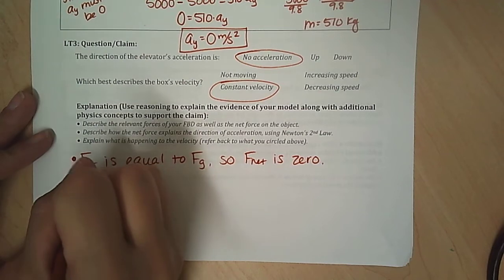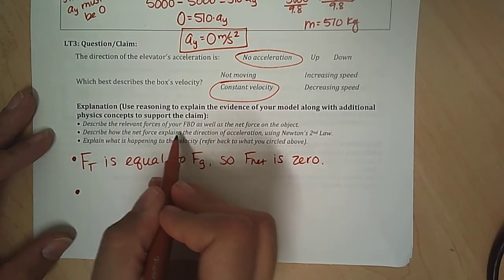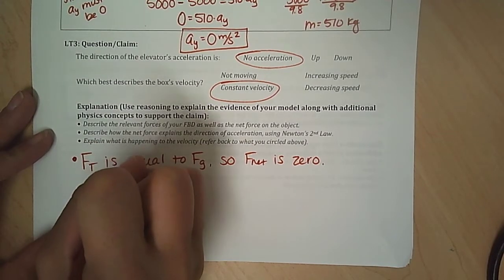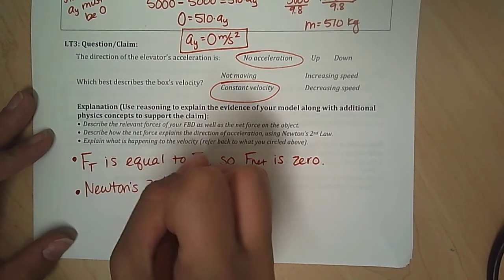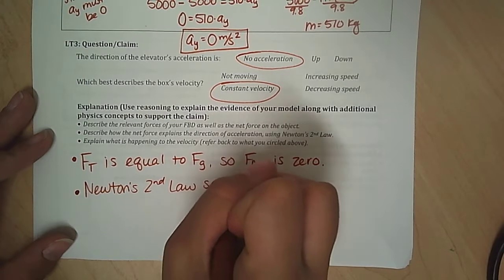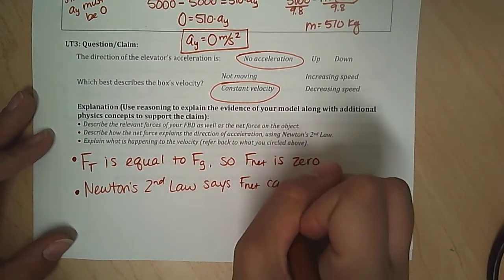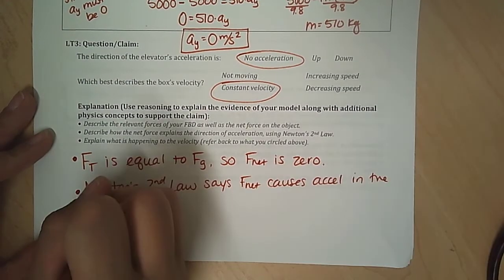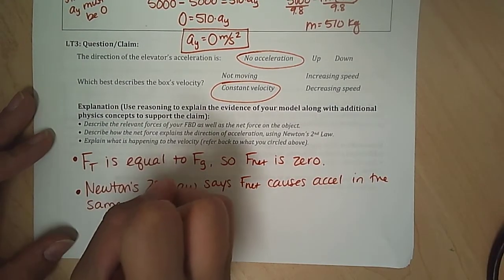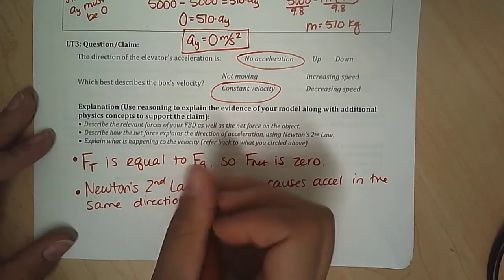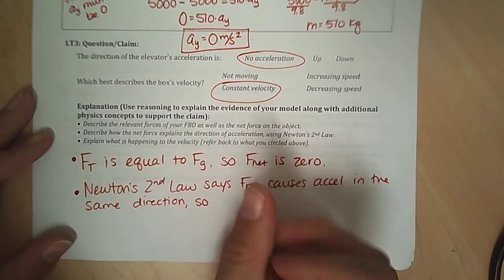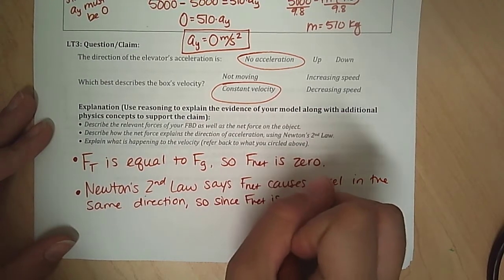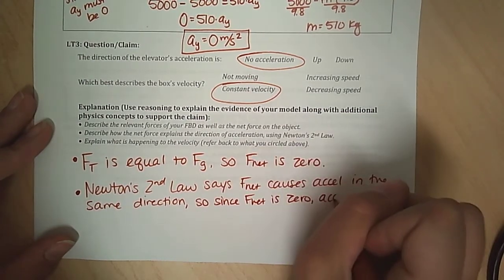The second one, now I need to talk about how the net force explains acceleration using Newton's second law. So I'm going to say Newton's second law says F net causes acceleration in the same direction. So I just said F net 0. So I'm going to say since F net is 0, acceleration is 0.